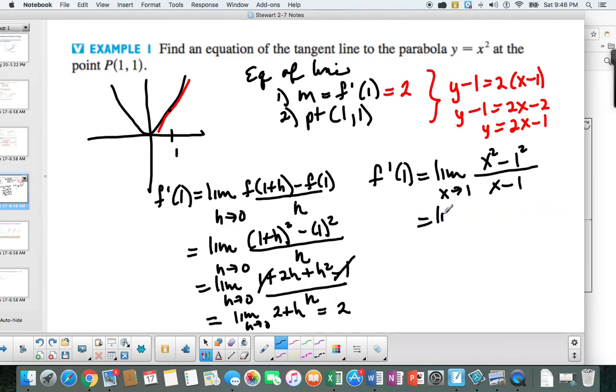So this is equal to the limit as x approaches 1; if I factor, (x plus 1)(x minus 1) all over x minus 1, do a little reducing, evaluate the limit, and that's going to be 2. And 2 is what we got from the previous exercise. So we used both definitions to show you how you can get the slope, the instantaneous rate of change.